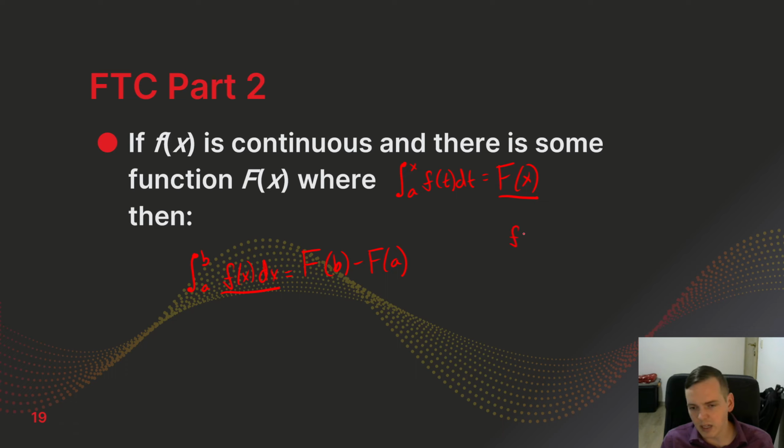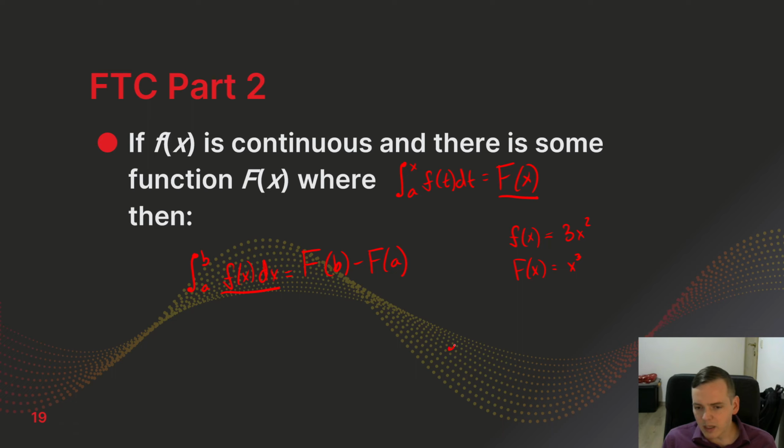So we'll say little f of x is equal to 3x squared. That means big F of x is equal to x cubed. Don't worry about how I got that. We'll talk about the techniques later, but just take it as a given for now that these two functions are related such that big F of x is equal to the integral of little f of x.